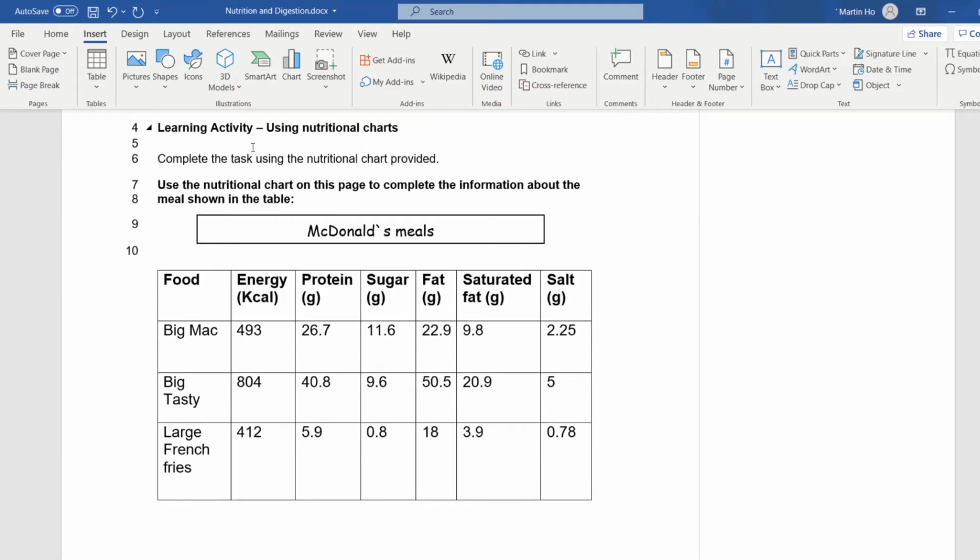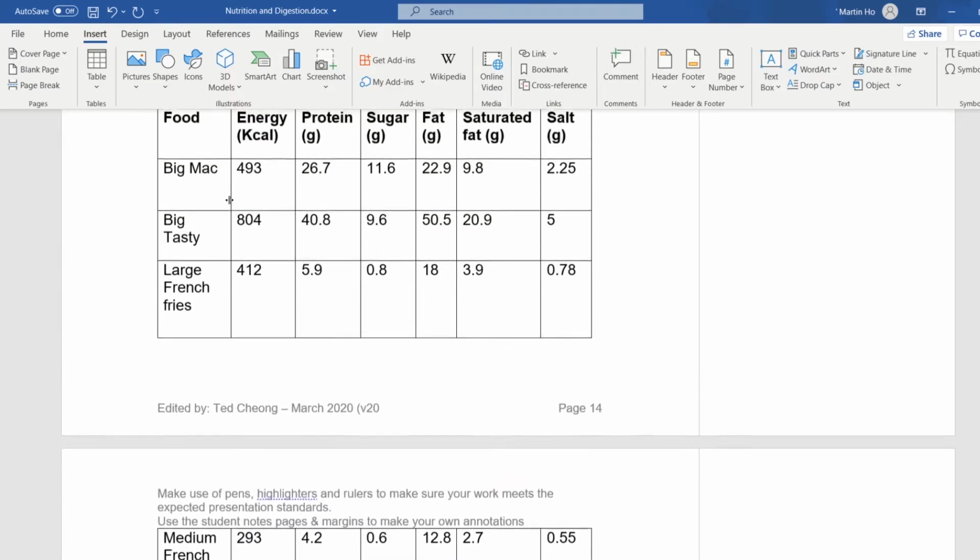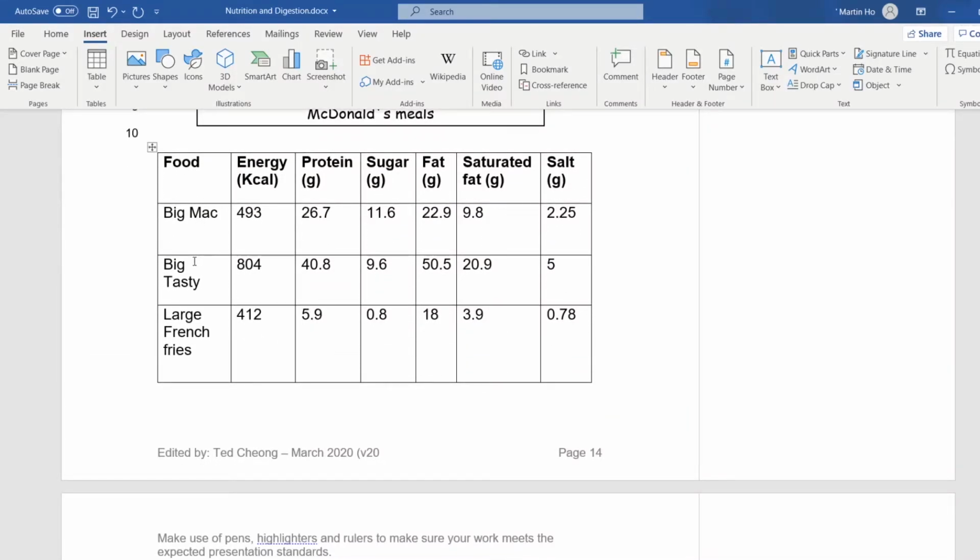Okay, so after watching that video, let's take a look at this next nutritional chart. We're going to complete the task below, and it involves looking at our favorite McDonald's meals. Here we have the breakdown of a bunch of different foods that we might like to eat.